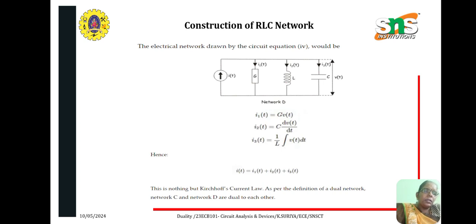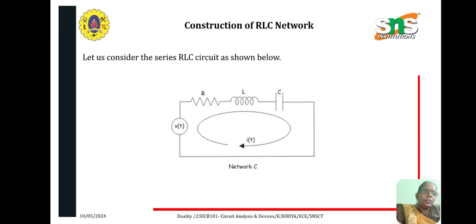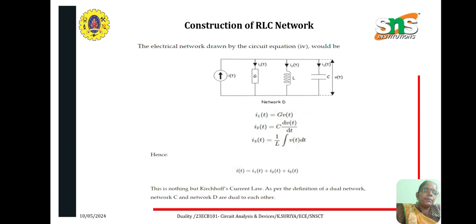I2 of t is C into dV of t by dt, and I3 of t is 1 by L into integral of V of t dt. So total current I of t is I1 of t plus I2 of t plus I3 of t. This is nothing but Kirchhoff's current law. As per the definition of a dual network, network C and network D are dual to each other. So this series network and this parallel network are dual to each other.